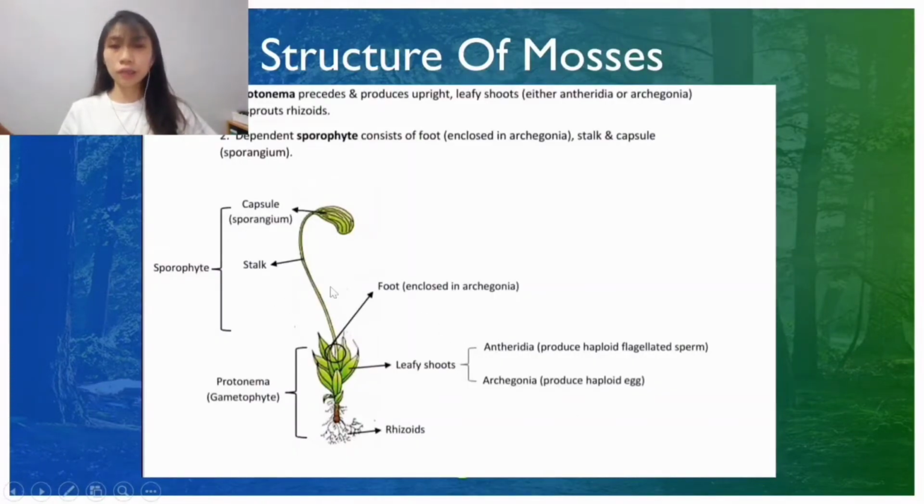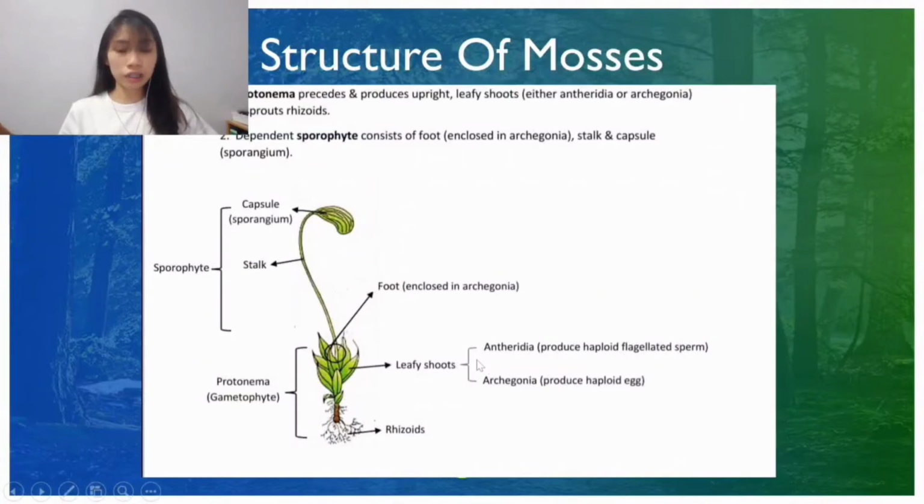So these are the 2 main structures of mosses, which are the sporophyte and gametophyte. Gametophyte is also known as protonema. The gametophyte will produce leafy shoots, which will bear antheridia or archegonia, and it will also sprout rhizoids.